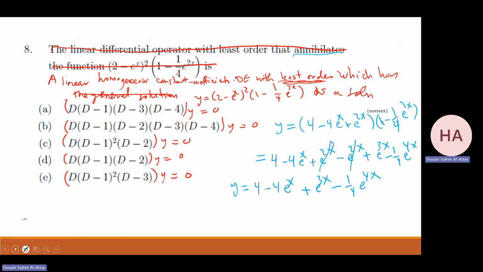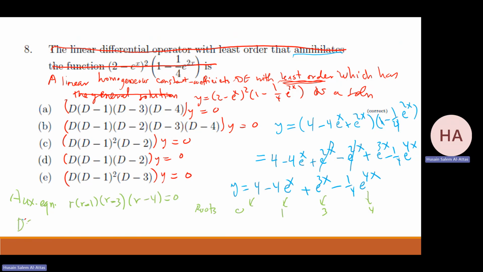If you notice this, what does it mean? As roots, from this I'm getting 0, 1, 3, 4. So as auxiliary equation, that will be r, r minus 1, r minus 3, and r minus 4 equals 0.